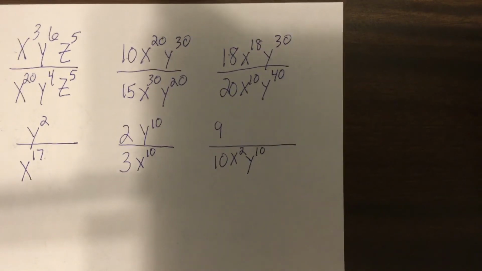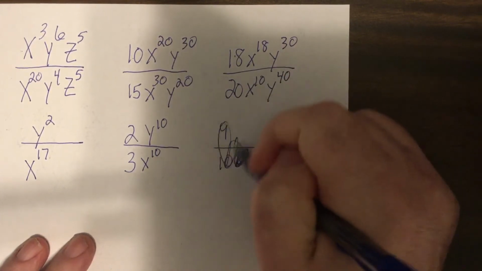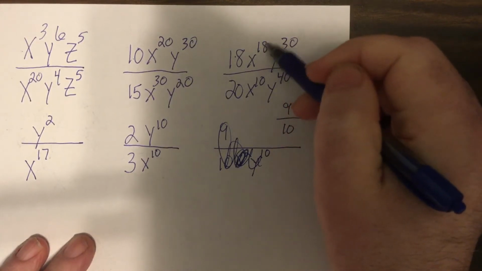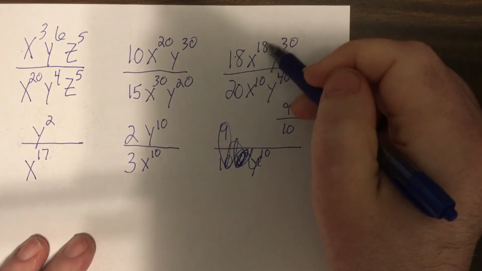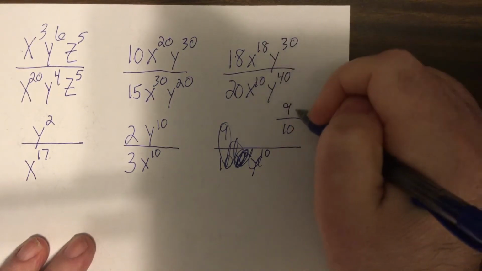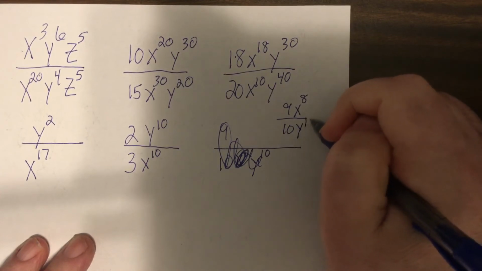Woohoo! And I messed up. I read a problem wrong. This is my bad. So the 9/10 was right. This is 28. I read it wrong. Sorry, that's my bad. So a 10 cancel those. So that'd be x to the 8th on top, y to the 10th on the bottom.